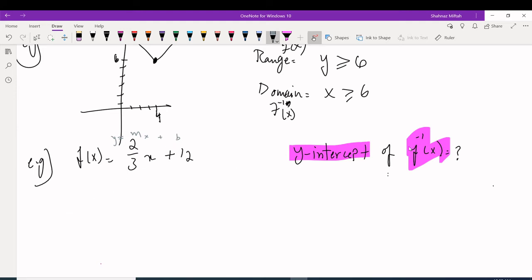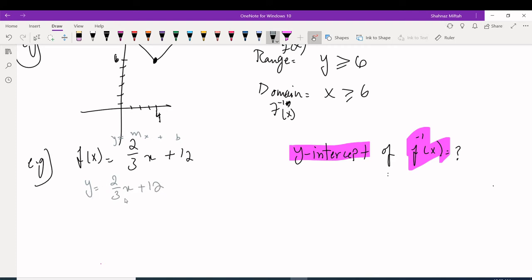So if they're asking for the y-intercept of the inverse, please don't think the y-intercept of the inverse is going to be the same thing. No, it's not. You have to change the function to the inverse function and then find the b, this constant number. So I'm going to change this to inverse. This is f of x, and I'm writing it as y equal 2/3 x plus 12. Why am I writing this?